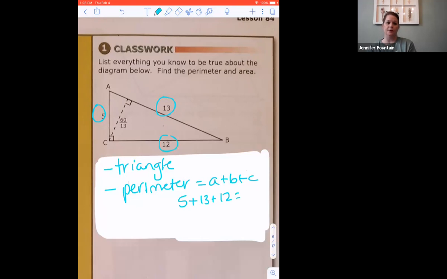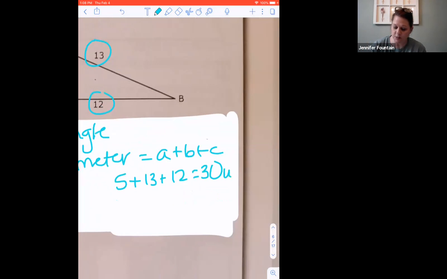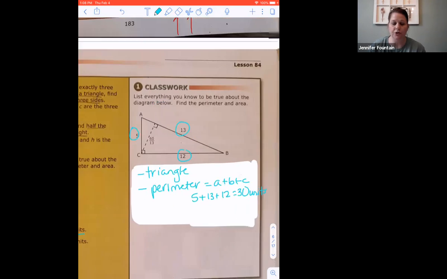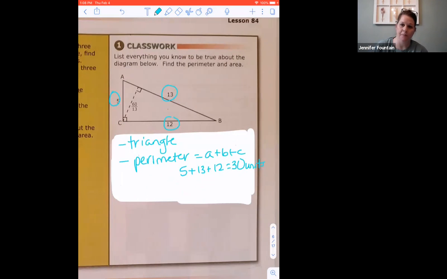When I add those together, 5 plus 13 is 18, and 18 plus 12 is 30. Now remember, if it does not tell us a specific unit of measurement, I just call it units. So my perimeter is 30 units.